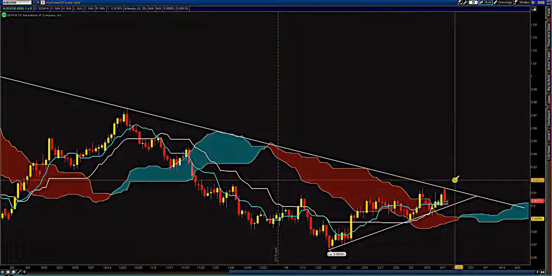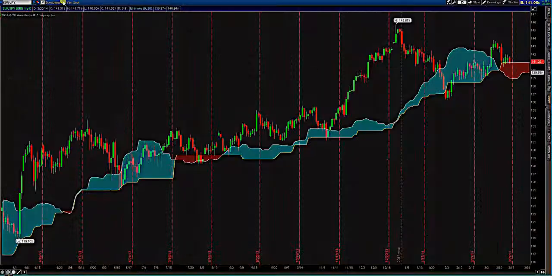My next one is how to use different indicators in conjunction with the Ichimoku Kinko Hyo to get a higher success rate in your trading. But for right now, I just want everybody to get familiar with one, identifying the trend or the sentiment.